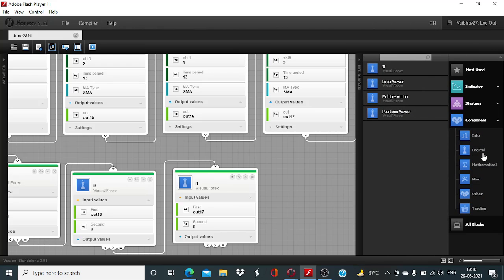We take in two more calculation expression blocks.